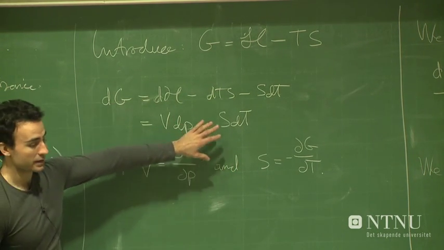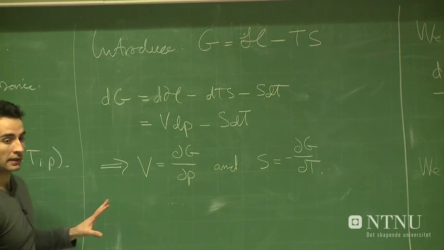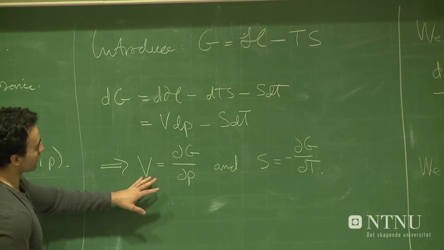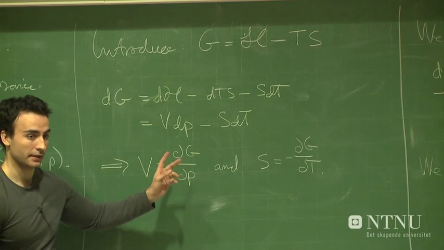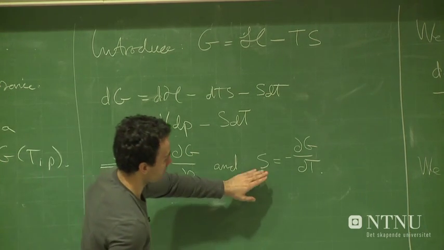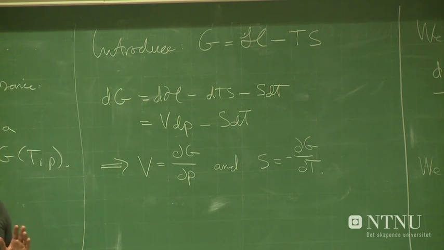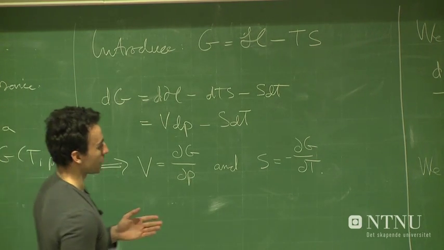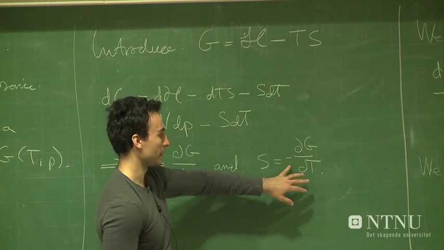By writing G in this way, we can immediately observe that the volume will then be obtained by partially differentiating G with respect to the pressure, whereas the entropy will be obtained by a partial derivation with respect to T and an extra minus sign.